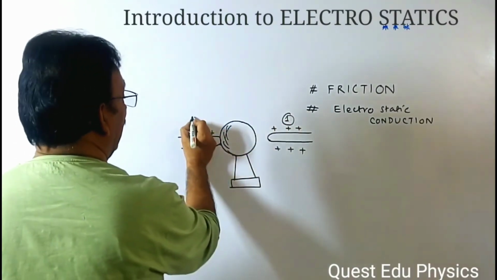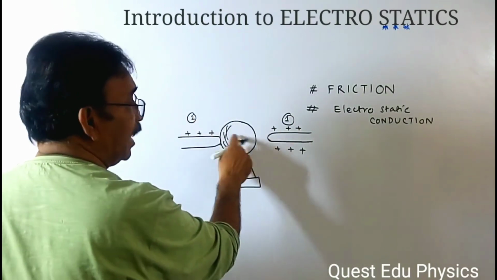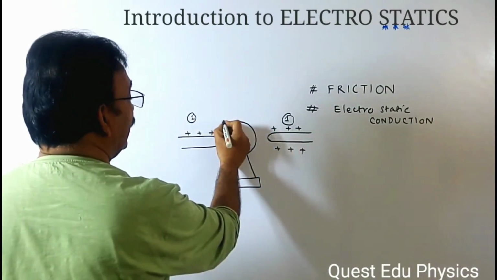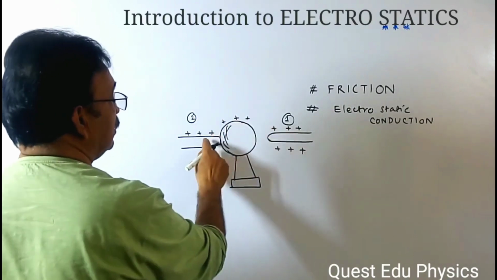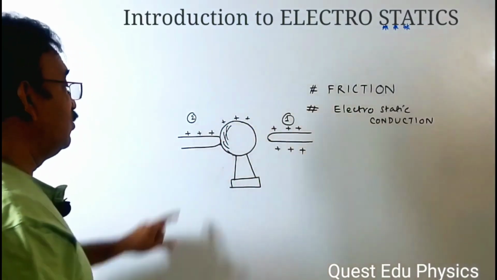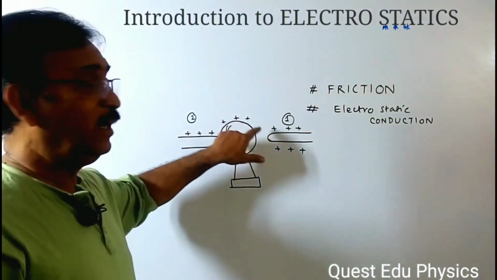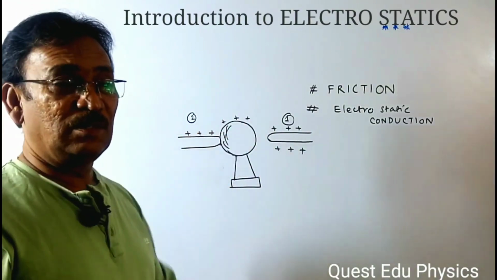In the second stage, charge will be transferred to this body till they reach equilibrium. That means charge will be transferred between the two till they have an equal amount of charge.